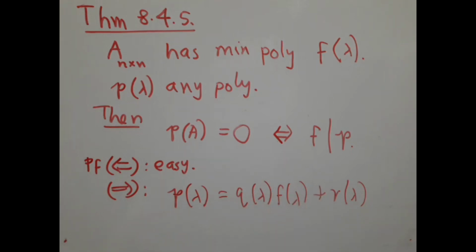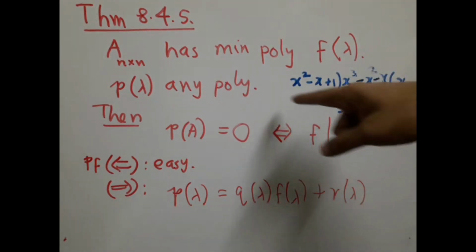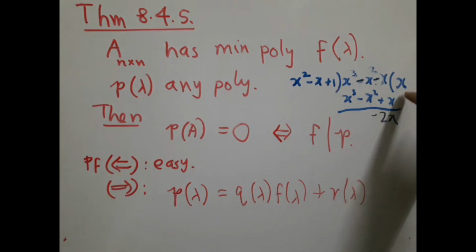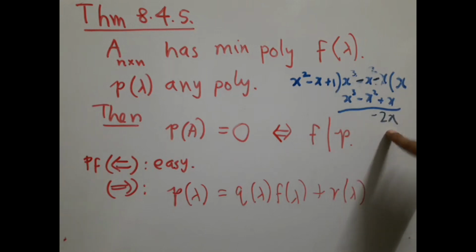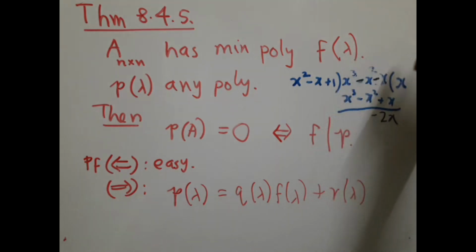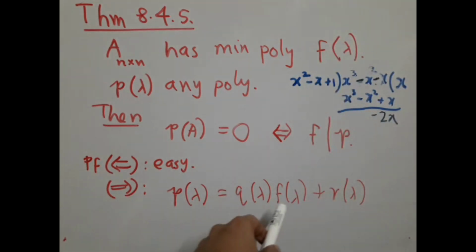In case you are not quite comfortable with this, think of our high school days where we learned to divide polynomials like this. So when we are dividing by this, we are getting this as the quotient and this as the remainder. So this is what I am calling q, this is what I am calling r, this is the dividend, in my case p, and this is the divisor, in my case f.